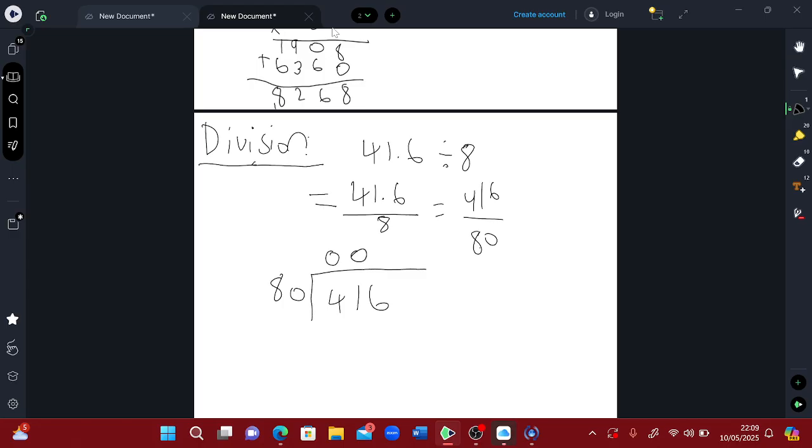So then you consider this whole number. How many 80s go into 416? If you are struggling, you can list multiples of 80. So 80, 160, 240, 320, 400. And then if you add another 80, you'll go over. So 1, 2, 3, 4, 5. And actually, there's a remainder of 16.